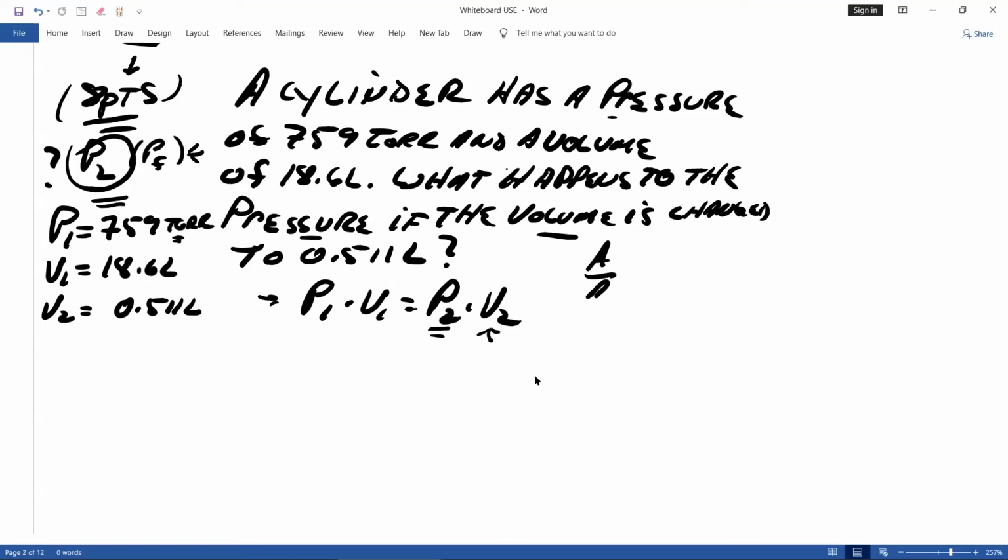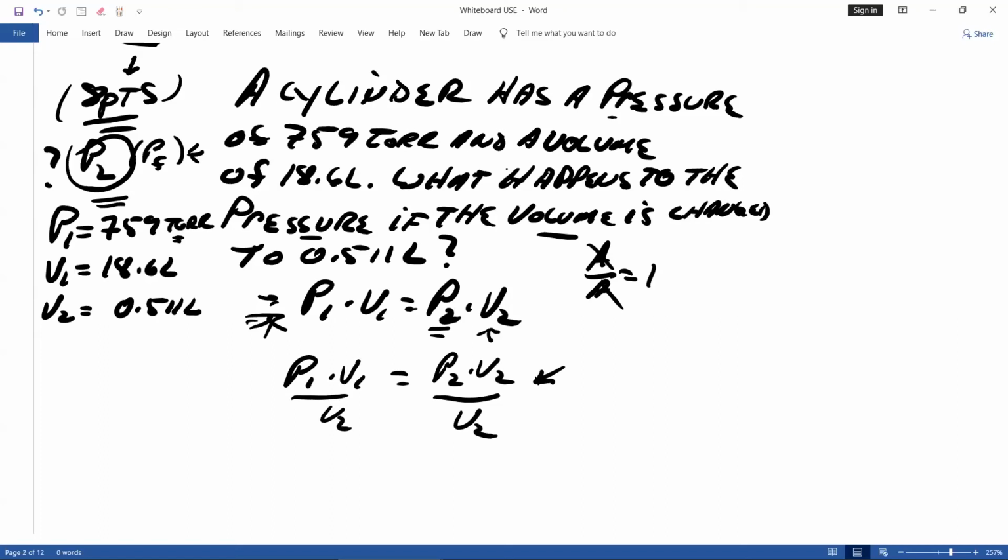How do we get rid of something when it's multiplied times another number? Anything divided by itself equals the number 1. It cancels out. So if I want to get rid of V2, I'll divide this side by V2. Whatever you do to one side, you have to do to the other side. And therefore, I'll divide that by V2.